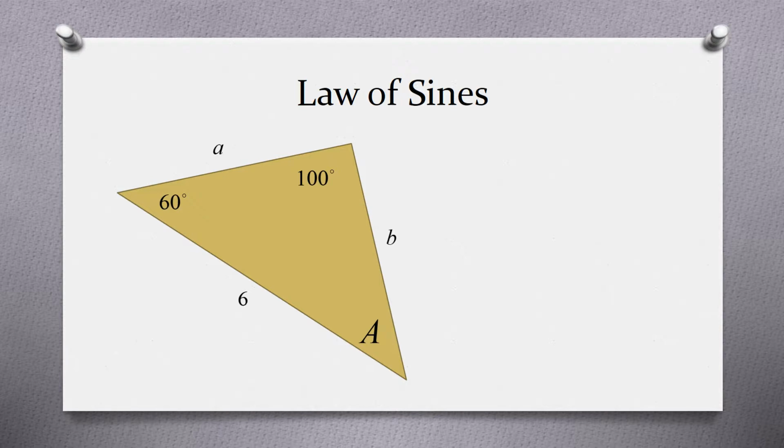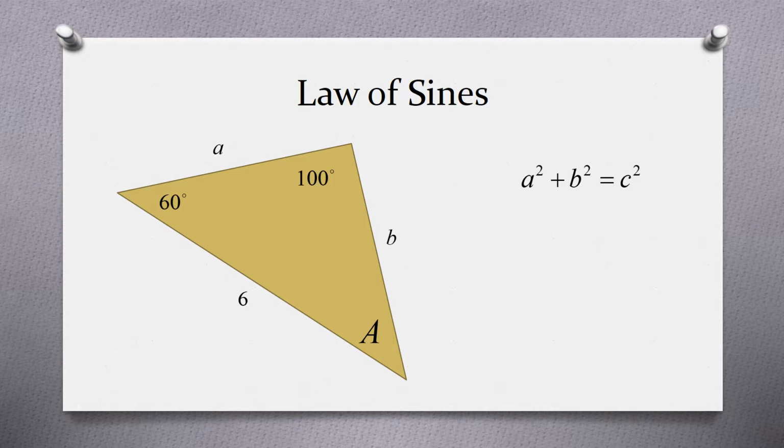It's opposite angle A. Side B is opposite angle 60, which is also angle B. That is, side B is unknown, as well as with respect to side and angle C. Those are 6 units in measure and 100 degrees in measure respectively. So we have some information and other information is missing.